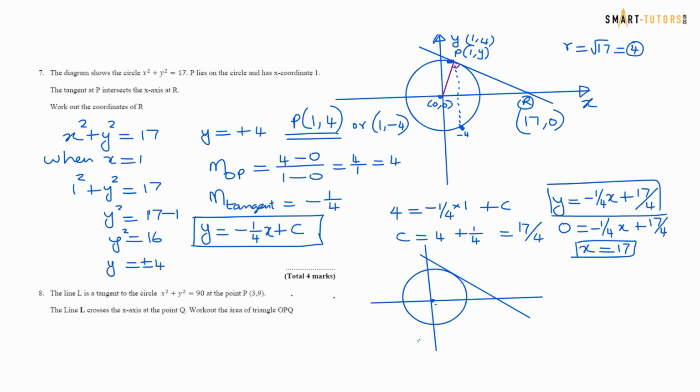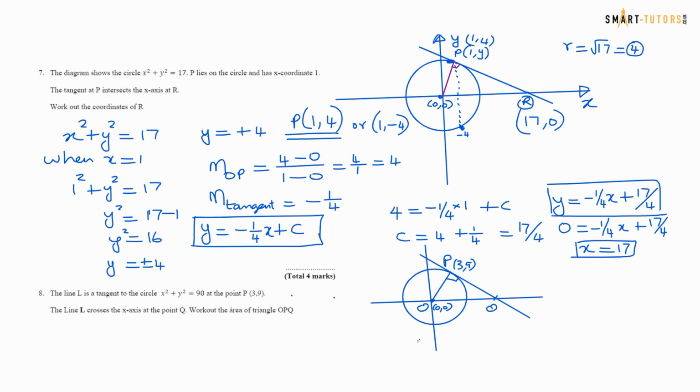So 0, 0 is the center, and the radius to the P point is going to be at 90 degrees. So this is 90 and the P point is 3, 9. So P is 3, 9, O is 0, 0, and we need to find out the x-axis point.